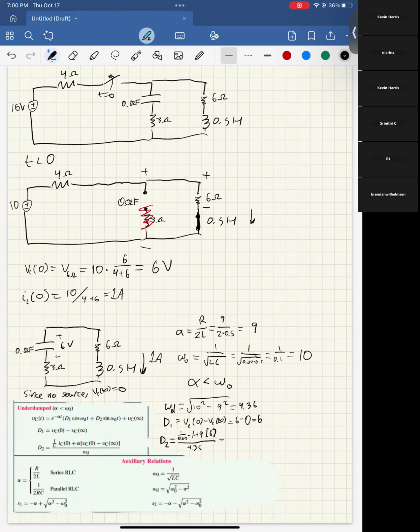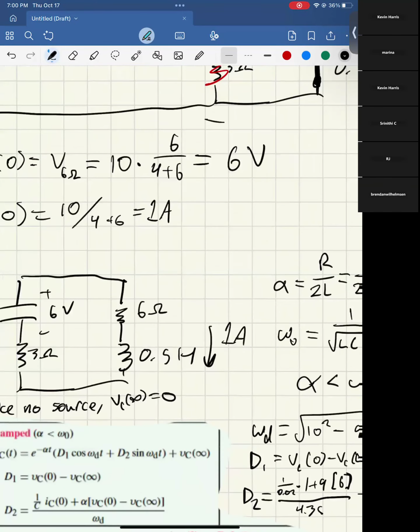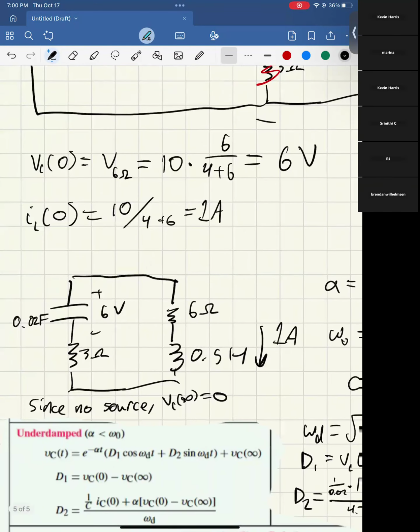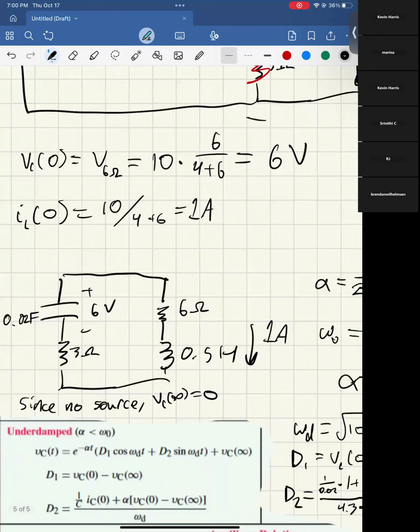The key thing to consider here is that since we have a positive 6 volts and we defined it like that, our current here has to have a sign that agrees with that.